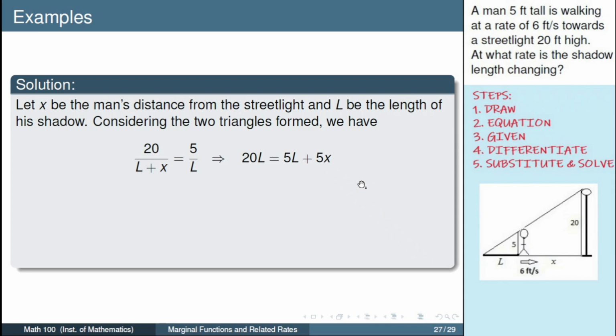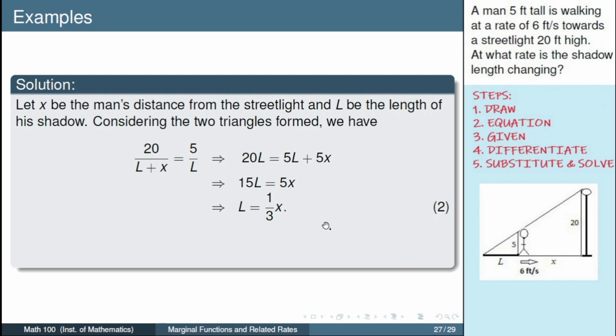Moreover, I can move the 5L to the left so they combine. You have 15L equals 5X. We can divide both sides by 15 so that I will have L equals 5X over 15, which is 1/3 X. Now, as you can observe, this equation is much easier to work with instead of this one. Okay? So, if you can simplify your equation, then do it.